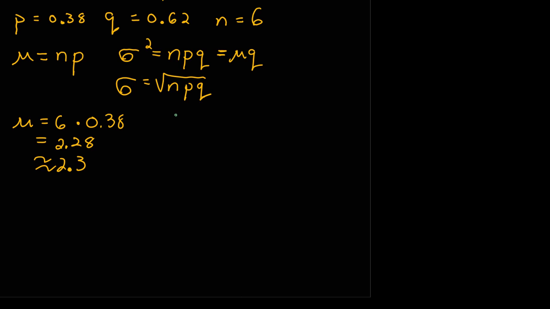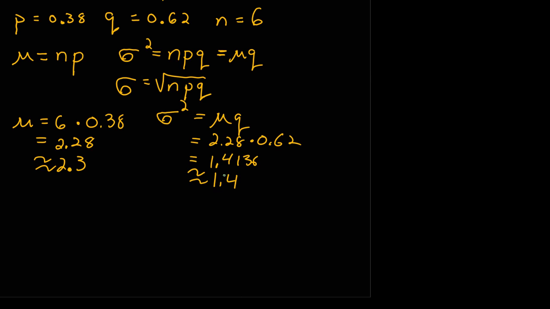To find the variance, we'll take that mean and multiply it by the chance of failure, which gives us 1.4136, or approximately 1.4.